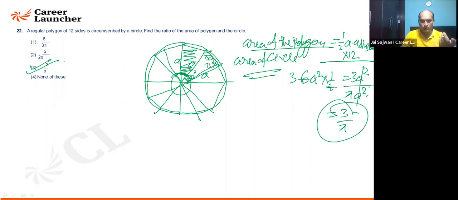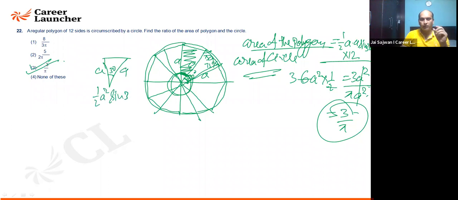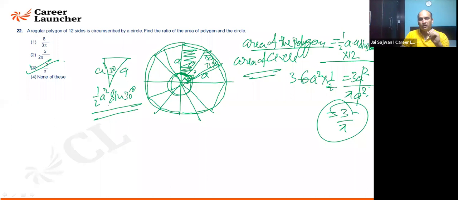When 360 degrees is divided in 12 parts, every part will be 30 degrees. So when there are two sides where the angle is 30 degrees, this will be the area of the triangle. You remember my first class, I told you, area of a triangle is half of the product of adjacent sides into sine of the angle between.